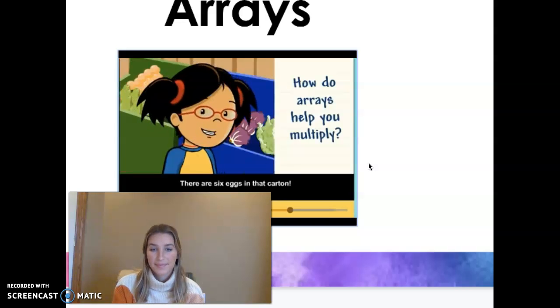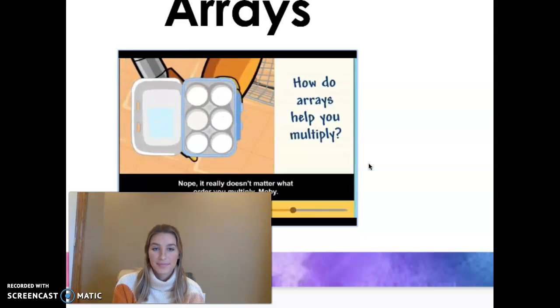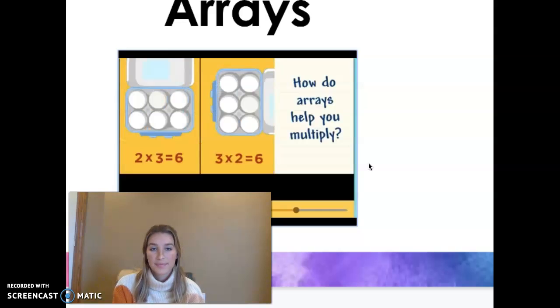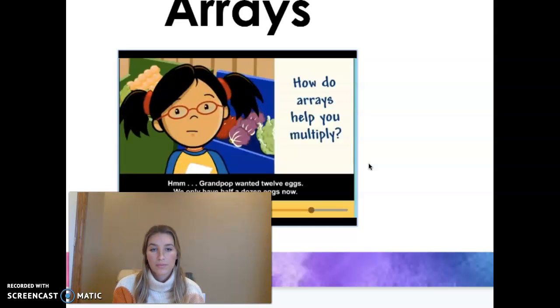carton. No, it really doesn't matter what order you multiply, Moby. An array of 2 rows with 3 in each row is the same as an array with 3 rows with 2 in each row. There are still 6 eggs. They're just organized in a different way. Grandpa wanted 12 eggs. We only have half a dozen eggs now.